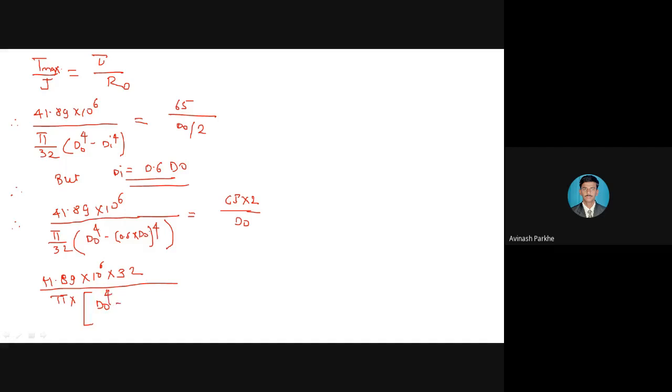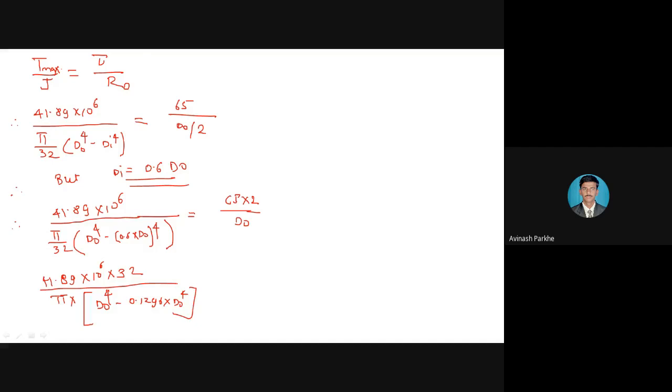So you have to take the raised to 4 of the 0.6 term. See what 0.6 raised to 4 comes to. What will be the value? 0.1296. Yes, you have to take the total value 0.1296 into Do raised to 4 as it is.